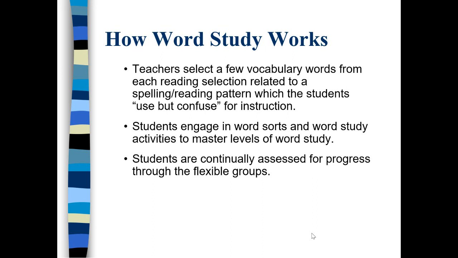Once you know their level, you would select a few vocabulary words from each reading selection related to a spelling or reading pattern which the students might use but confuse. Then you would engage the student in a word sort or a word study activity so that they start recognizing these patterns that you're trying to help them build.